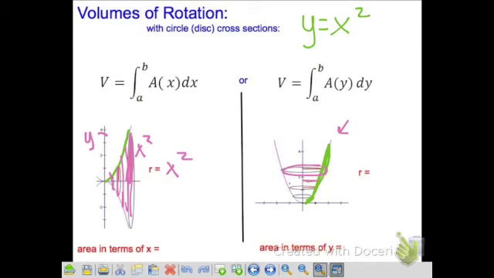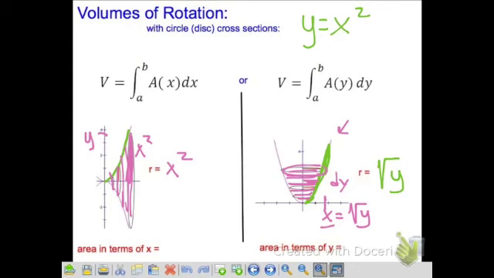On the other side though, all of our radii are the x value, but since we're building it vertically, we're taking slight changes in y, those are all dy, and so we need our x in terms of y. That means we get plus or minus the square root of y. But again, I only want one side of my curve, so I'm only going to use the positive side there, which is marked in green, and so my radius is the square root of y.